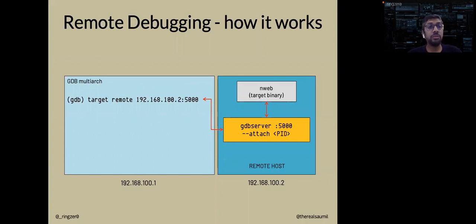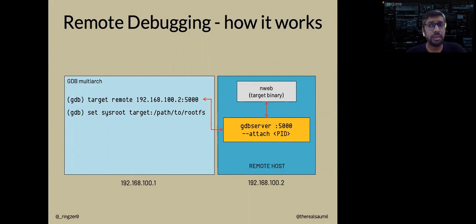Now, you also need to do a number of things in order to get a smooth debugging session going. Like, you need to be able to tell GDB where the file system is on the remote host, what symbols need to be loaded so that you get a better debugging experience. And there are some environmental setup commands like set sysroot target and the path to the root file system.